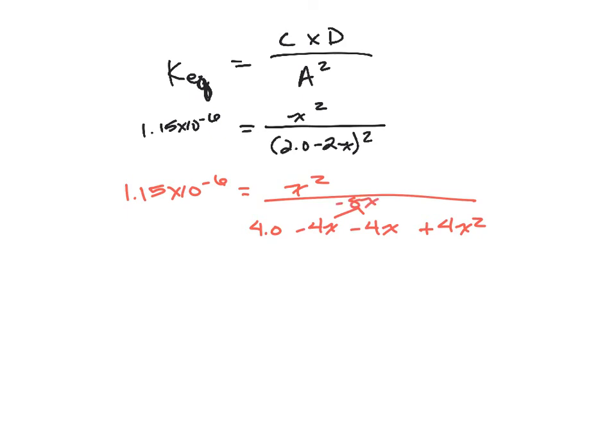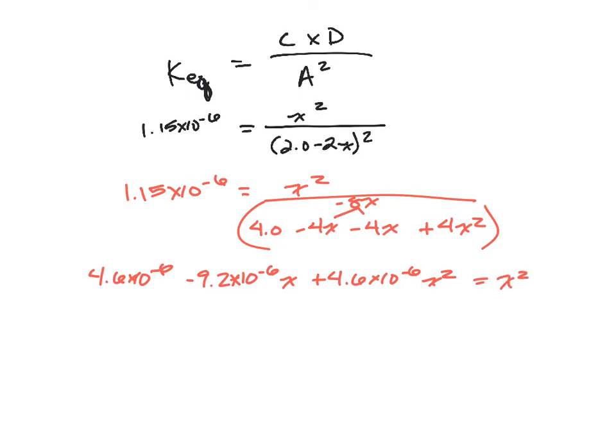And then, since this is all in the denominator, we would want to move this over to the numerator side on the other side of the reaction, which would be, if you did this math, 4.6 times 10 to the negative 6th minus 9.2 times 10 to the negative 6th x plus 4.6 times 10 to the negative 6th x squared equaling x squared.